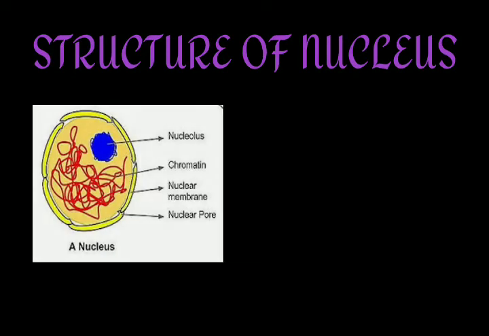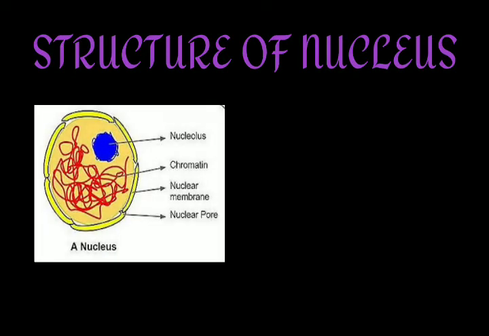So if we go to the structure of the nucleus, it has the following parts. First part is nuclear membrane. You can see in the structure the outermost layer, that is called nuclear membrane. The nucleus is bounded by a double layered nuclear membrane, right?